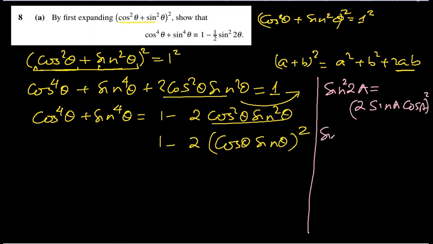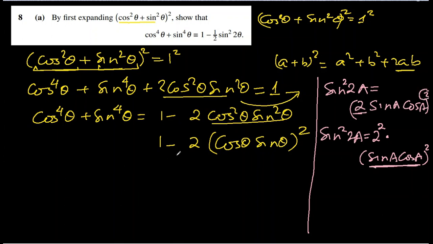So it becomes sine square 2a equal to 2 square, the square with this, multiplied by (sine a cos a) square. So I again gave this square to them individually.